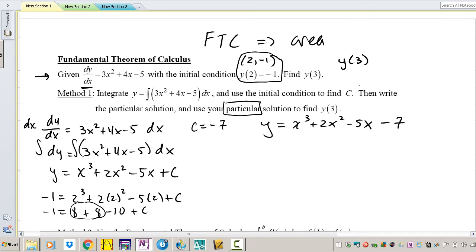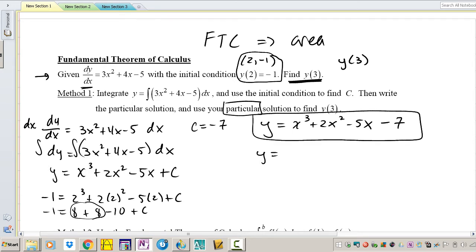I'm not done yet, because it says here find y of 3. In other words, find y when x equals 3. So this is your particular solution. This is what we were doing before, and now we want to use the solution to find values of the solution. So let's plug in 3. 3 cubed plus 2 times 3 squared minus 5 times 3 minus 7.